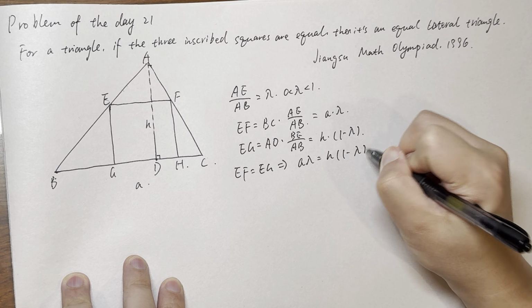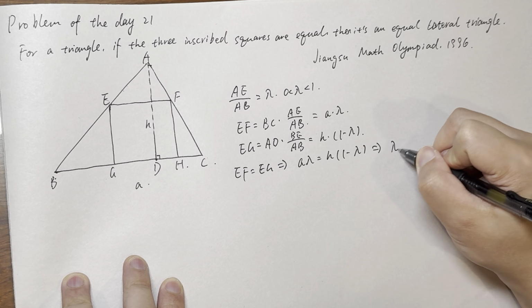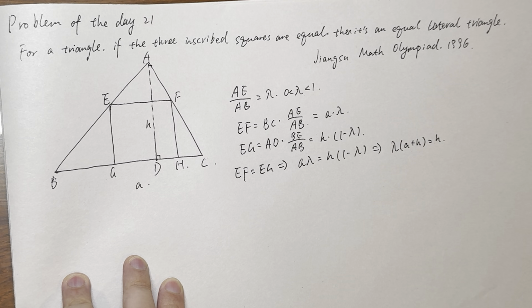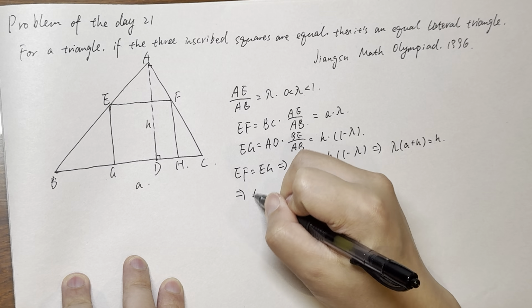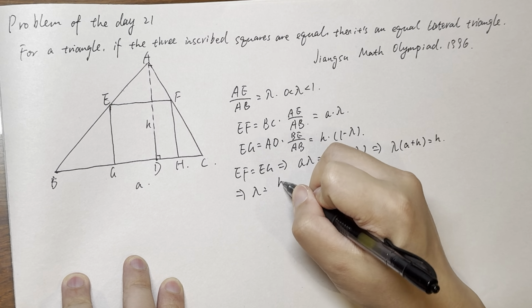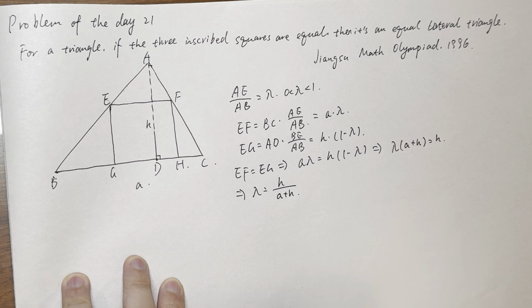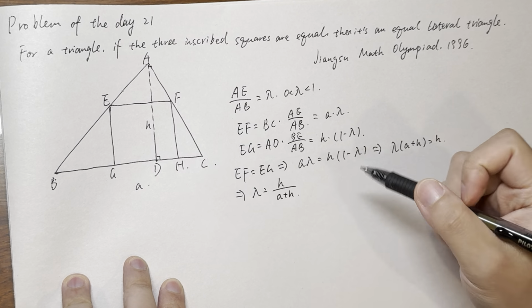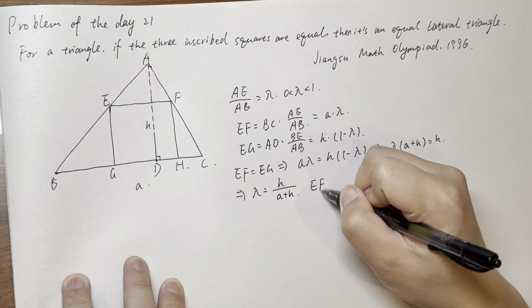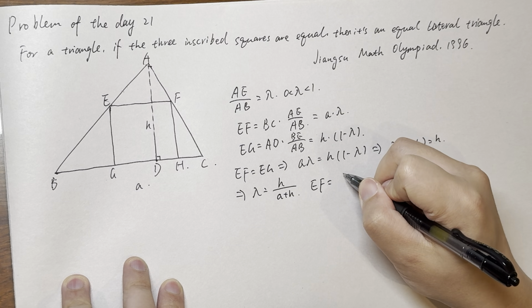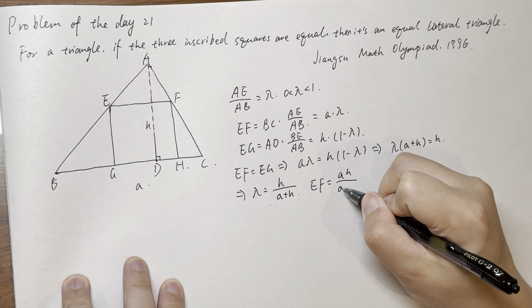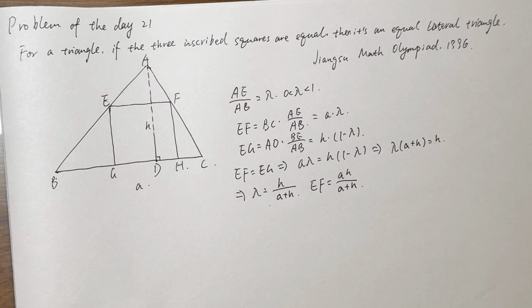Which means lambda times a plus h equals h. So we get lambda equals h divided by a plus h. And the length of the inscribed square, EF, equals a lambda, which is ah over a plus h.